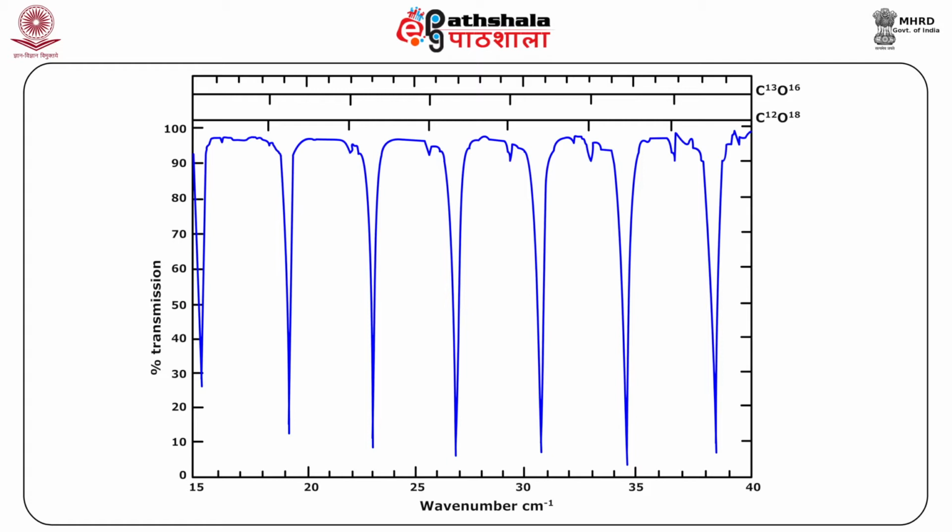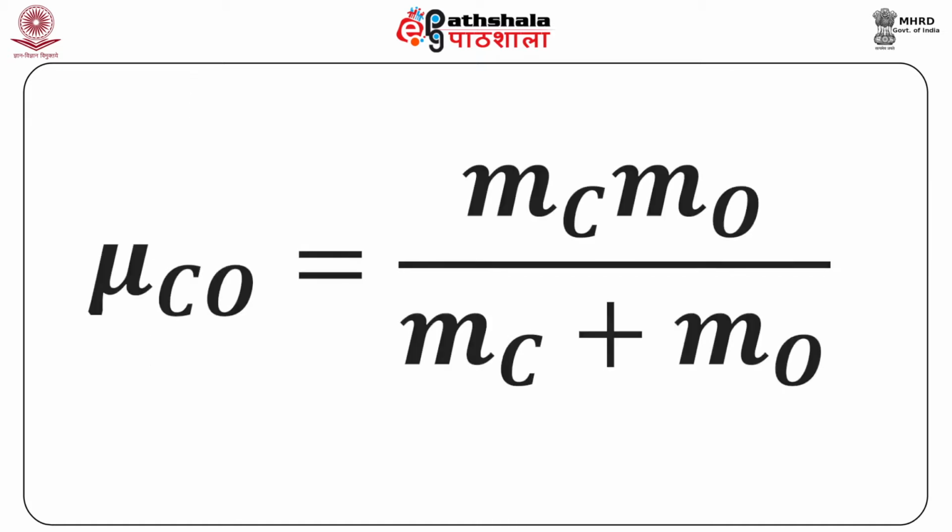And the reduced mass we can find out for carbon monoxide, and here I am talking about the 12CO isotope, and the reduced mass is given by μ(CO) = mass of carbon × mass of oxygen divided by mass of carbon plus mass of oxygen.